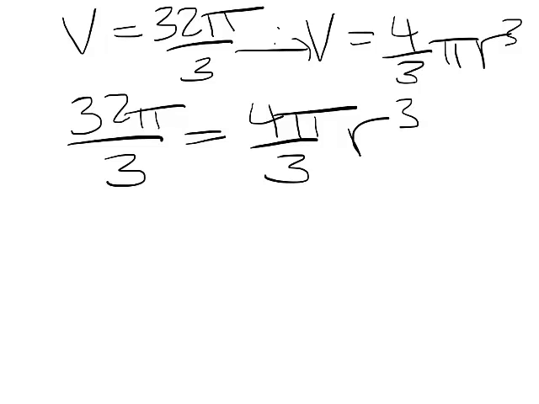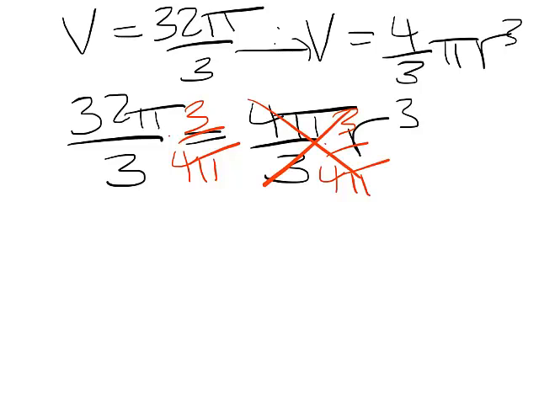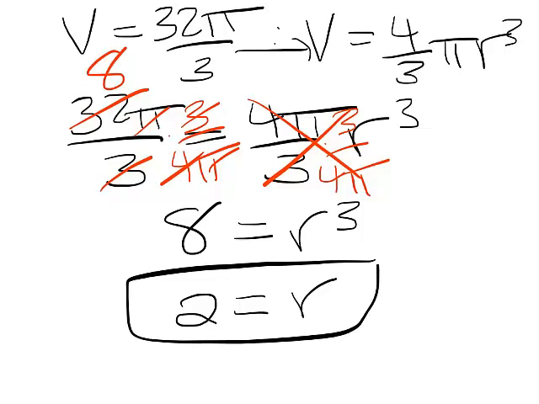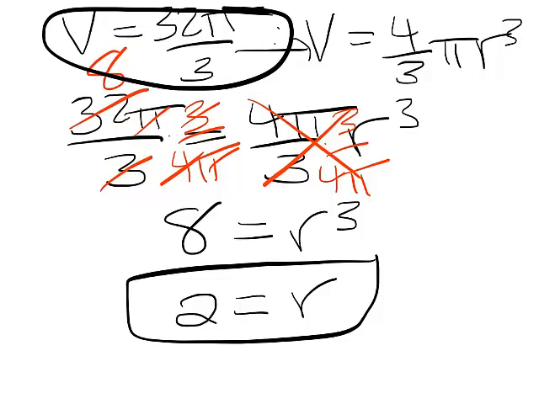Then if I multiply both sides by the reciprocal, 3 over 4 pi, I could cancel out everything on the right, and on the left I'd be left with 8, because the 3's would cancel, the pi's would cancel, and 4 goes into 32 8 times. So I'm left with 8 equals r cubed, and so the radius must be 2 at the instant when the volume was 32 pi over 3.